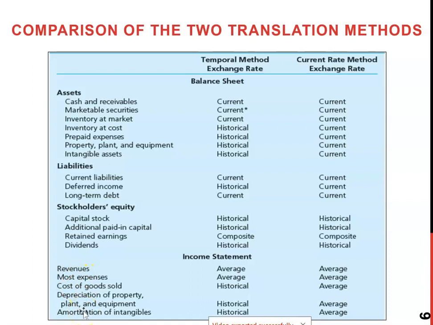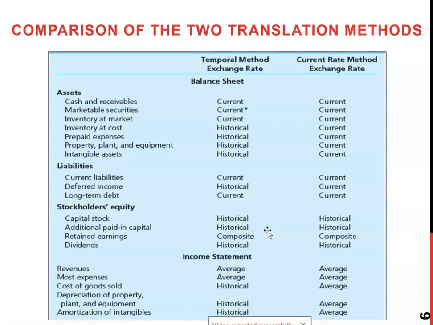Now, depending on the method that you are using, you have to use the exchange rate listed here to convert the foreign currency into US dollar. Remember, your subsidiaries' financial statements are reported using different currencies.